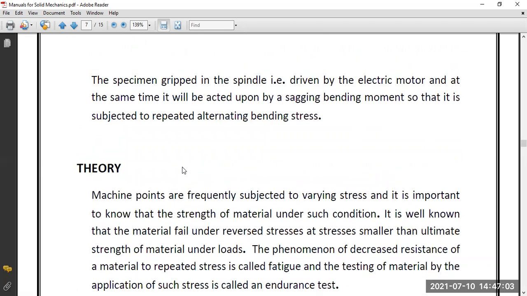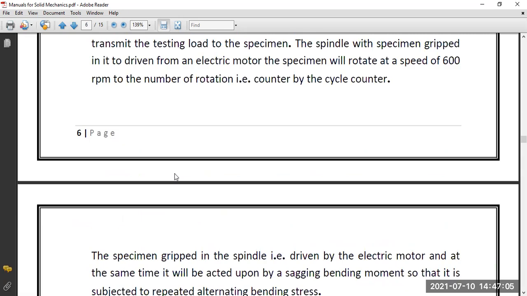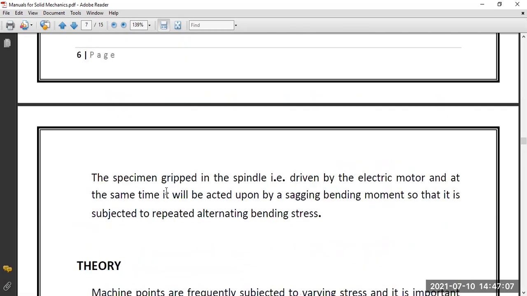What is the theory? The specimen is gripped in the spindle and driven by the electric motor, and at the same time it is acted upon by a sagging bending moment, so that it is subjected to repeated alternating bending stresses.